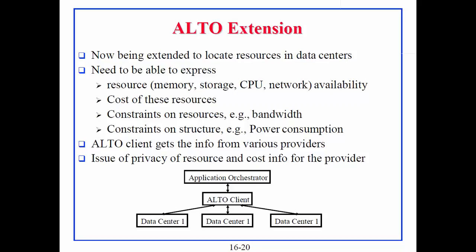Unfortunately, one of the issues is that Alto is not set up to support resource privacy, and it also has the issue of not getting all the cost information from a provider that we would want it to get.